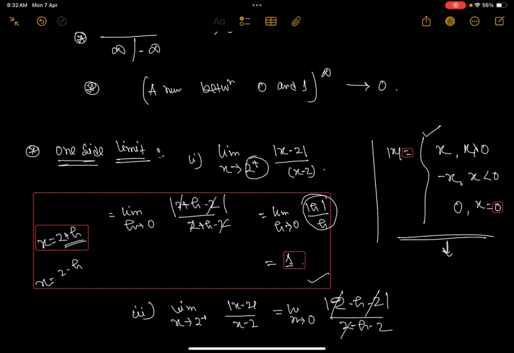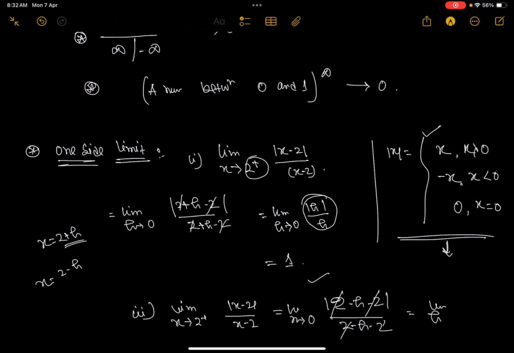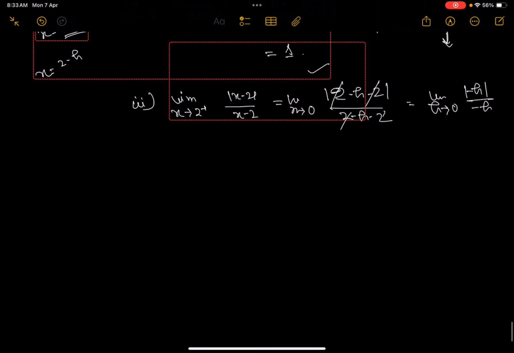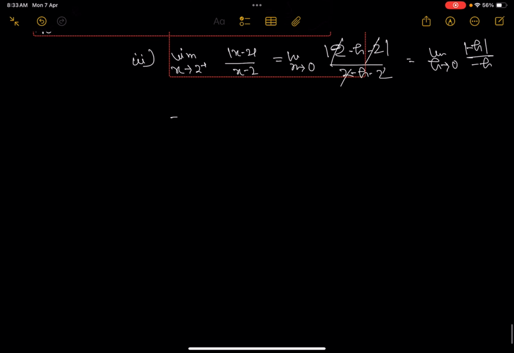The 2 cancels. So limit h tends to 0 of mod of minus h divided by minus h. By the definition of the mod function, this value goes to minus 1.